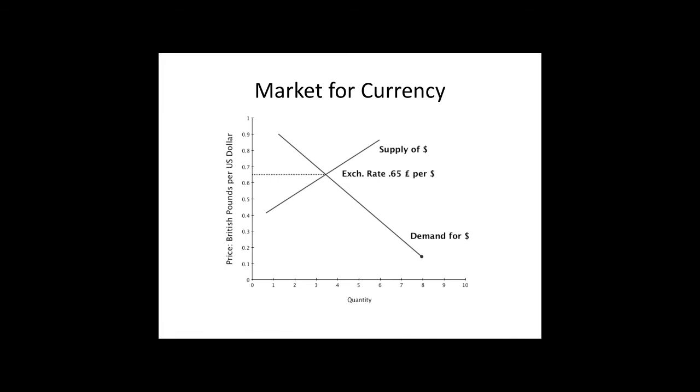Actually, this exchange rate goes up and down throughout the day, but financial newspapers and websites typically report a closing exchange rate. For the Friday after Thanksgiving, the exchange rate was 0.65 pounds, a little over 1/2 of a British pound, to buy 1 US dollar.